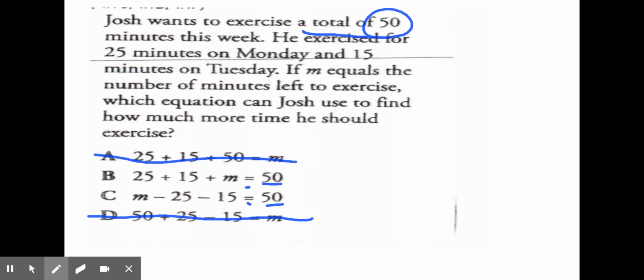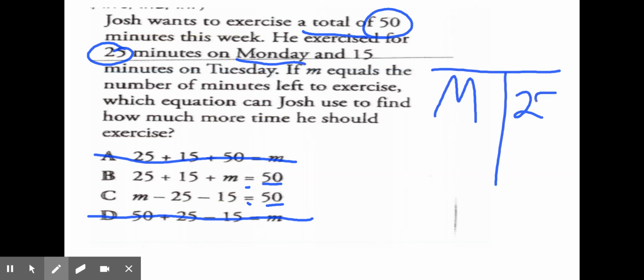The next one, it says he exercised for 25 minutes on Monday. So I'm going to make me a T-chart over here. Monday was 25 and 15 on Tuesday. Tuesday was 15. And M is equal to the number of minutes he has left to exercise.